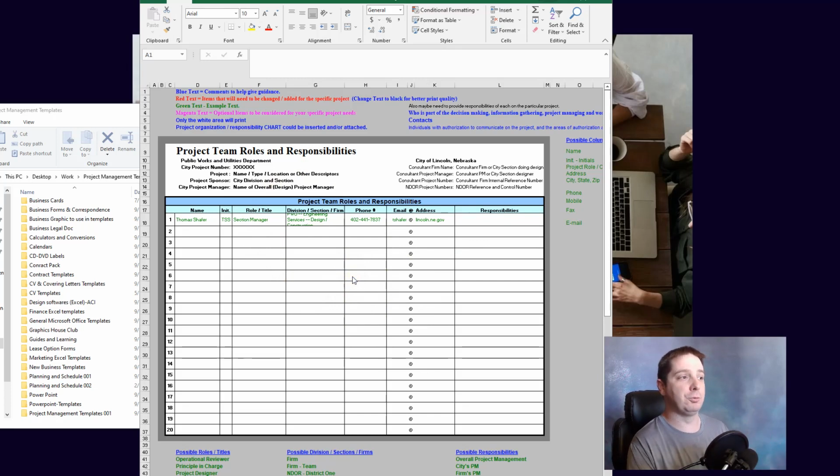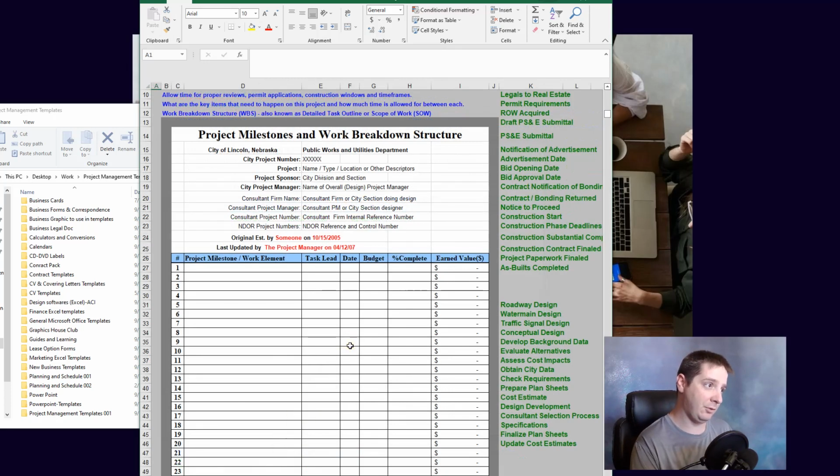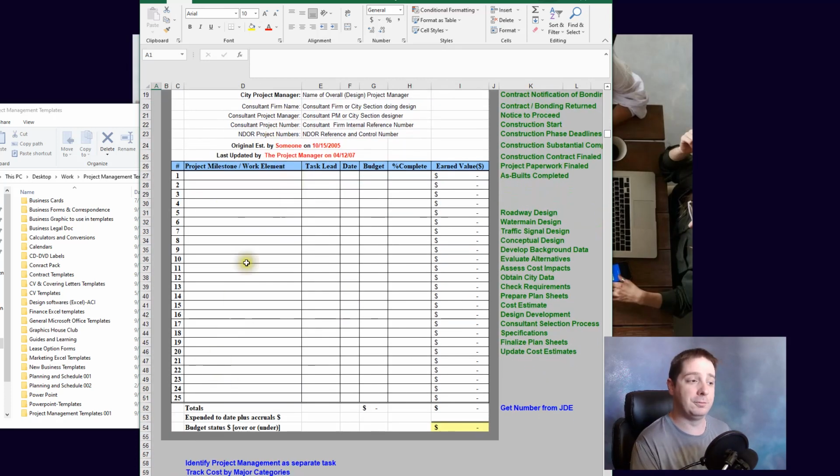But using this resource, your roles and responsibilities, you could take this further into your scheduling template. In your scheduling template, I have it as project milestones and work breakdown structure. A good breakdown system is generally going to be longer than 25 items.